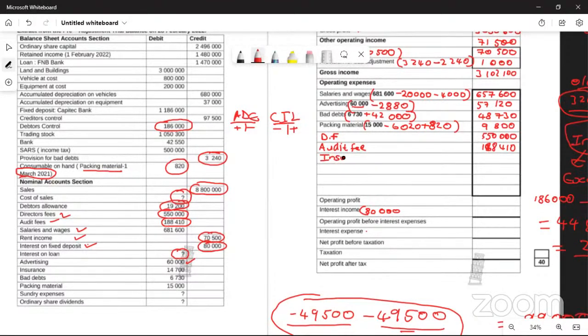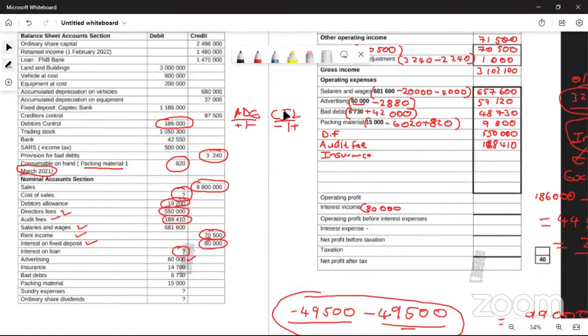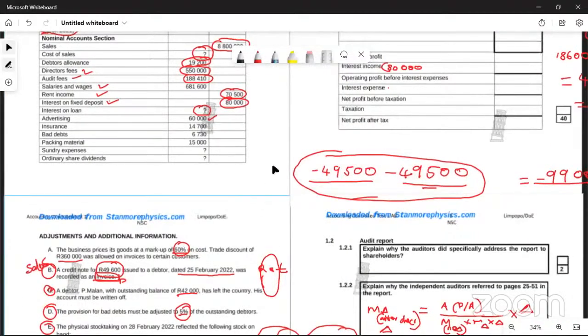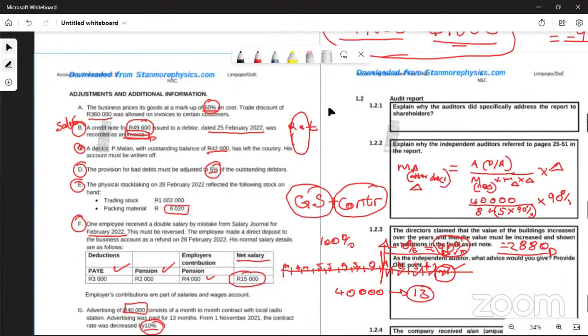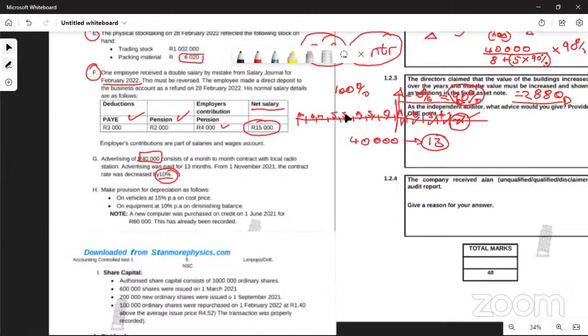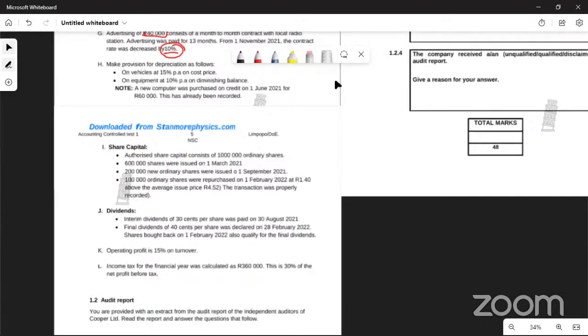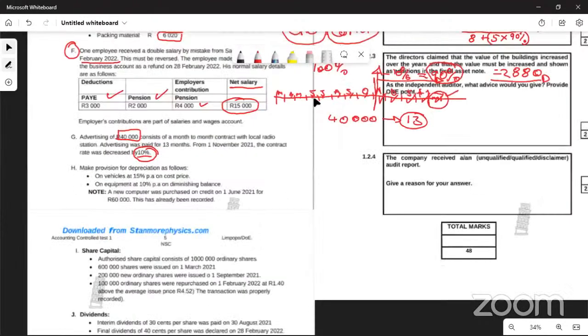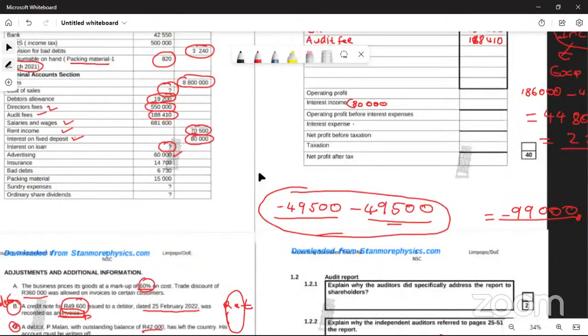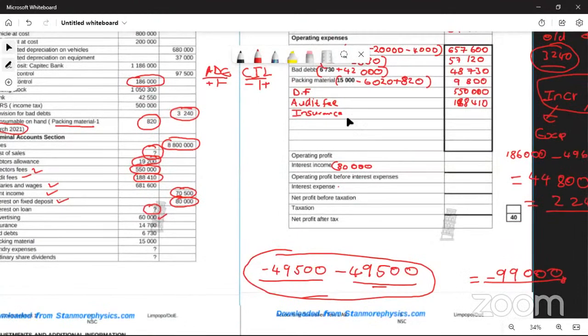Okay, so for our insurance, we check whether there is anything said about the insurance in our transactions. By the looks of things, there is nothing said about insurance, so we take insurance as it is and put it in, which is 14,700.